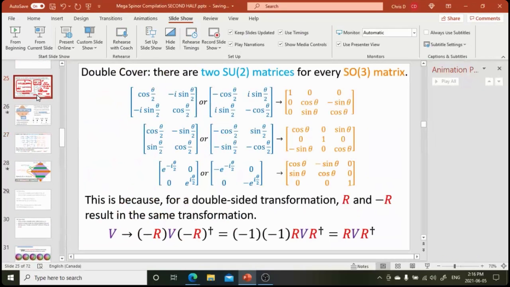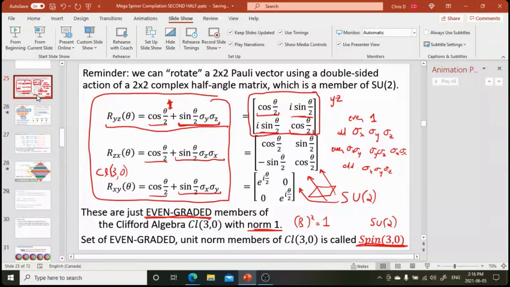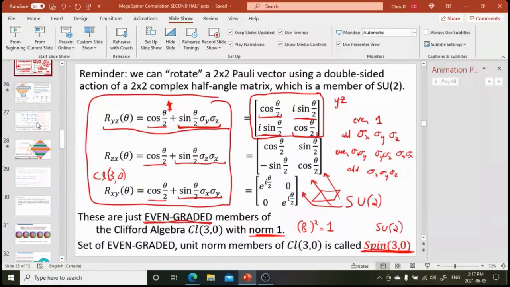I just wanted to tell that you have seen that we have normed even graded members as spin group, and spinors could be defined as objects which are transformed through the spin group. So basically you will have a transformation rule for spinors, like psi prime equals an element of the spin group multiplied by psi.